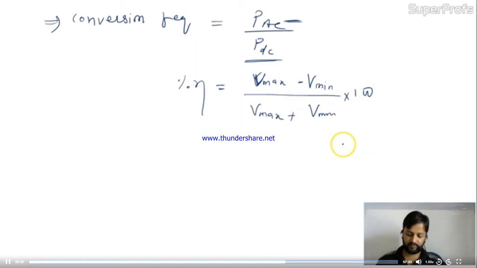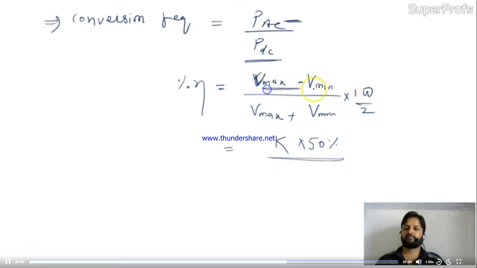Okay friends, and it will be divided by 2 over here. So this entire thing, let's say K into 50%, like this. So when V max is equal to V min, you will get 0 over here. Okay, so this is not possible.